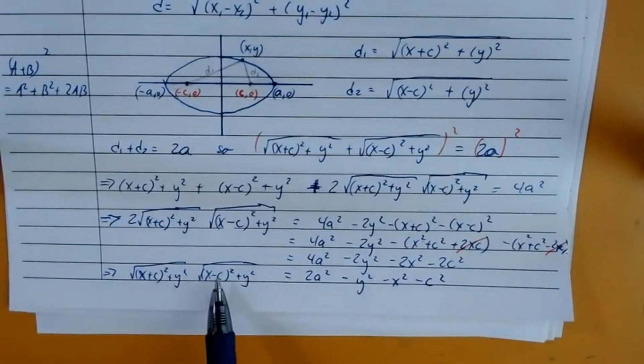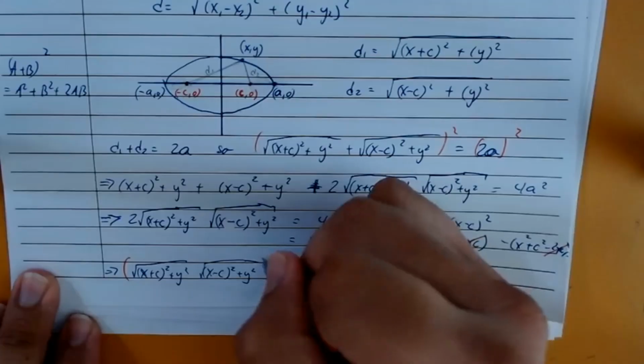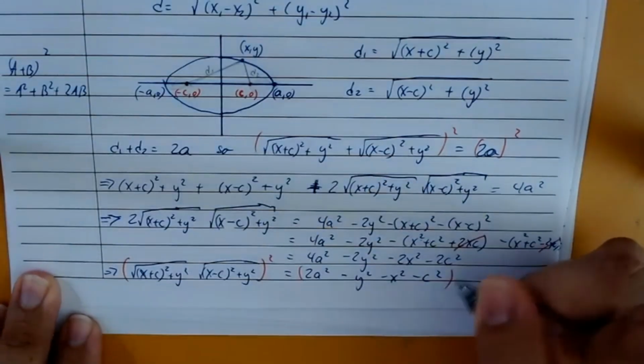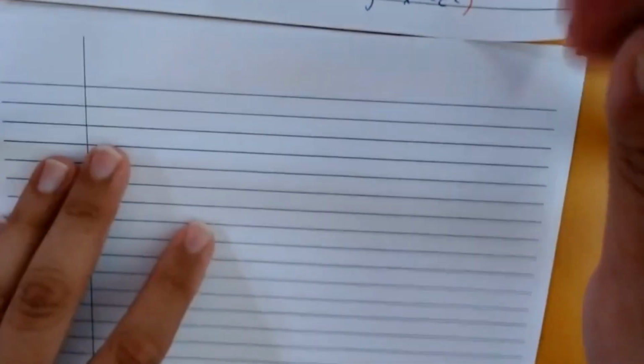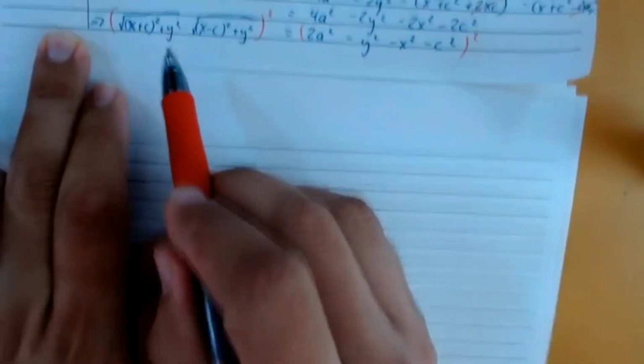And now I can get rid of the square root by squaring both sides again. So let's go ahead and square both sides again. Like this. And that takes a bit of effort, so let's take a look at how that works out. When we square on this side, that gets rid of the square roots.